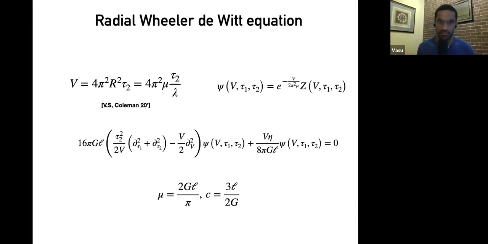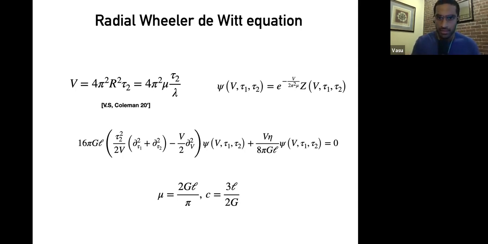I can do this the other way around, which means the volume is related to the ratio mu over lambda. Again, my partition function and energy levels are all functions of V, just as well as they were functions of lambda.